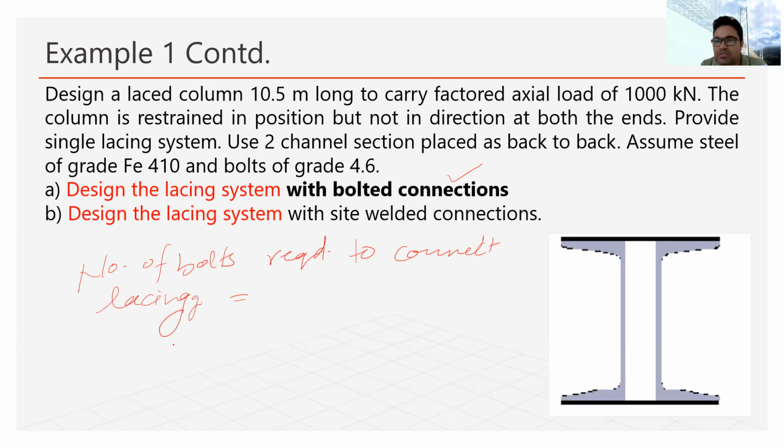Now number of bolts required to connect the lacing bar, we can find out this by using this relation F upon the R. Now in this case, F is the force in lacing bar. So we have already calculated this force. It is approximately 17 point something. Now R is called the bolt value.